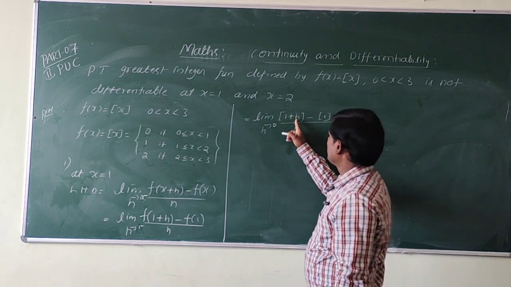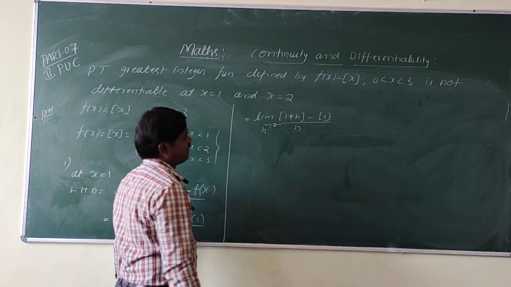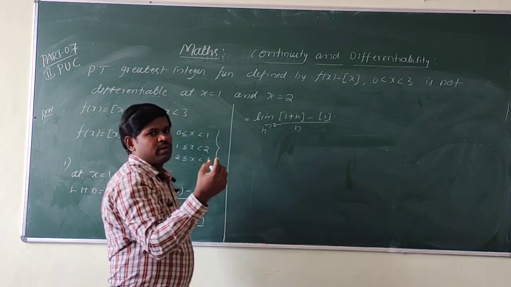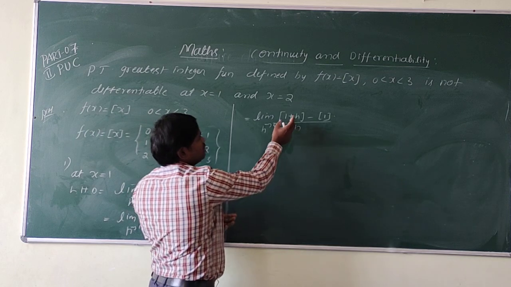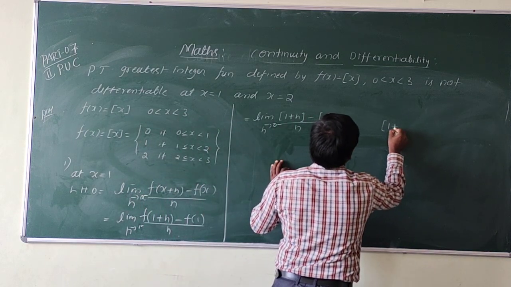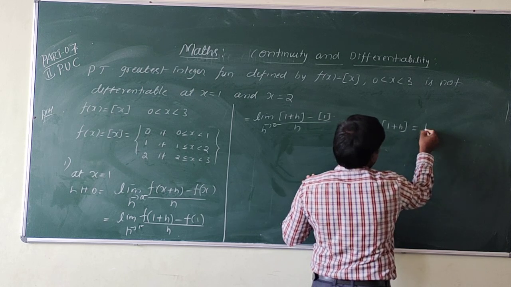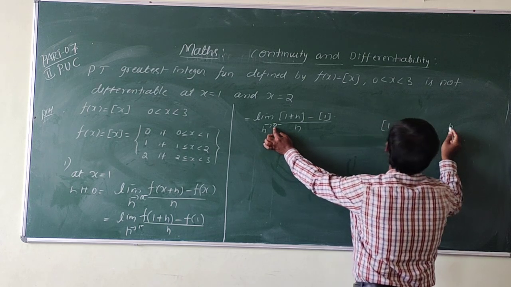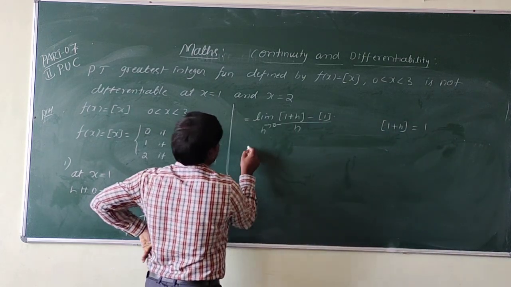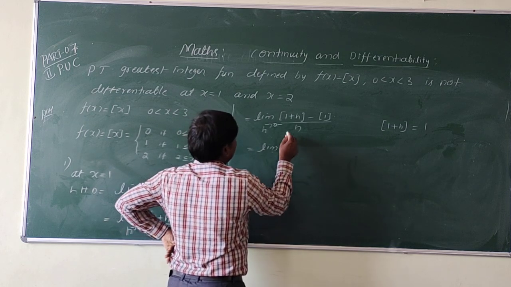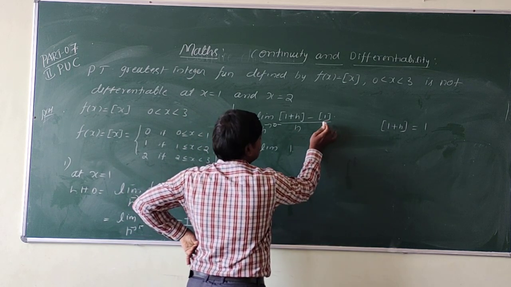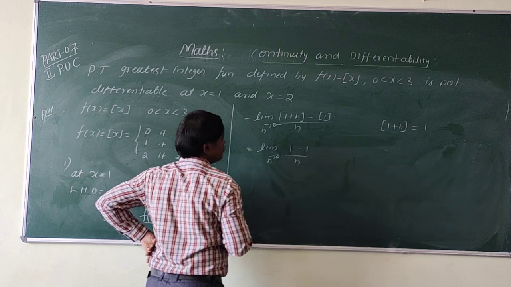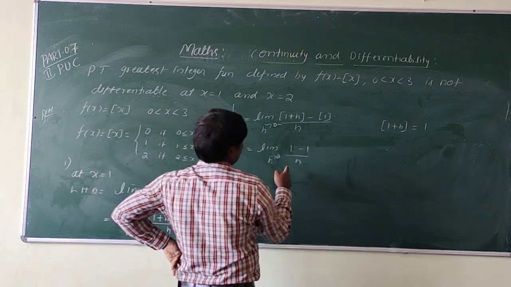Here the value of h is negative, so we are subtracting some value. Therefore [h + 1] = 0 for h less than 0 and close to 0, and [1] is 1, so the limit becomes (0 - 1)/h as h tends to 0.